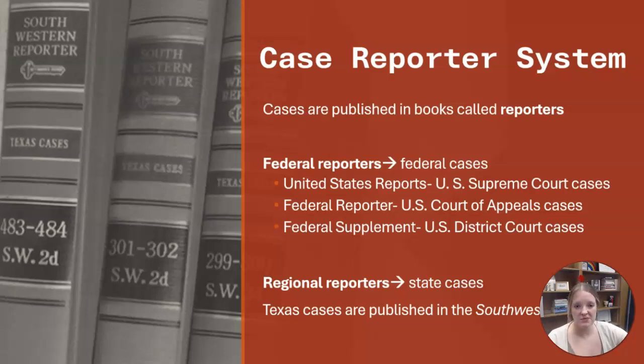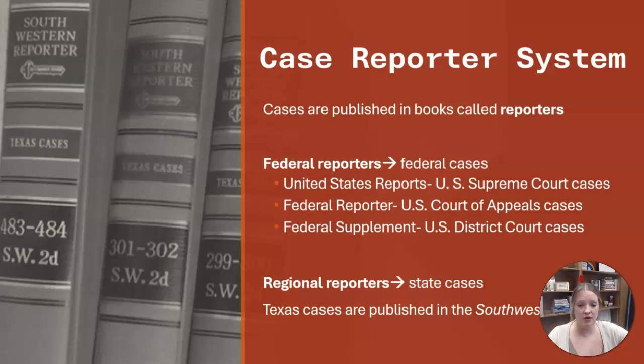For our federal reporters, our Supreme Court cases are going to be housed in the U.S. Reports, okay? The U.S. Courts of Appeals cases will be housed in the Federal Reporter. The U.S. District Court cases will be housed in the Federal Supplement, okay? So depending on the level of court, those opinions will fall within different reporters.